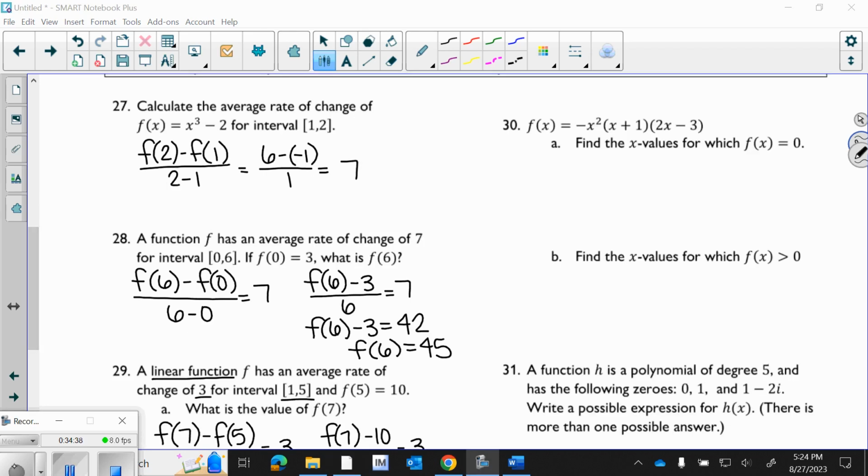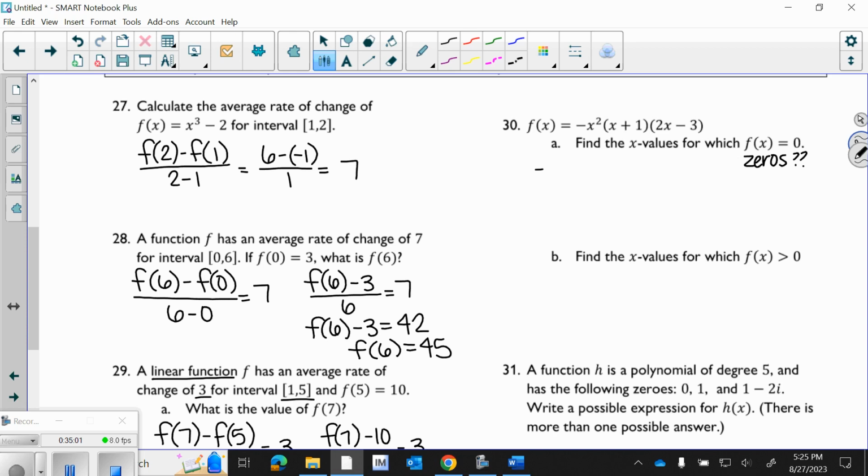Now let's look at 30. Find the x values for which f of x is equal to 0. This is just another way for them to ask you for the zeros of the function. Since this particular function is already factored, they've made it easy for us.